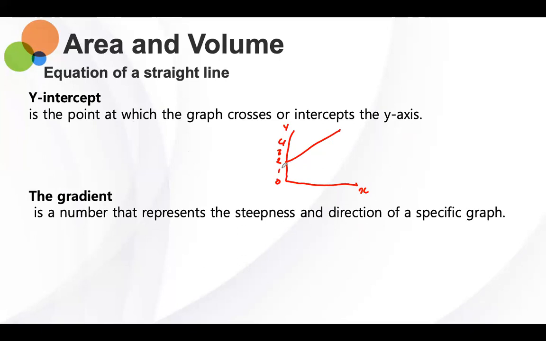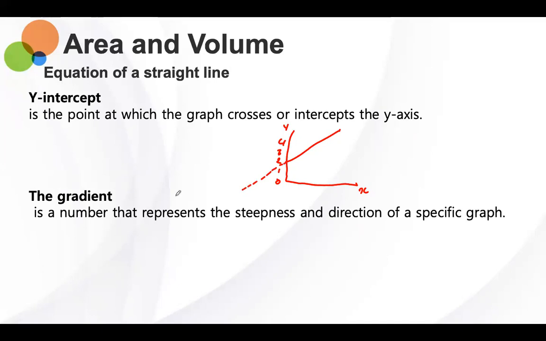Is 0 the point at which the graph crosses the y-axis? 2, sir. So 2 would be our y-intercept, the point at which the graph crosses the y-axis.